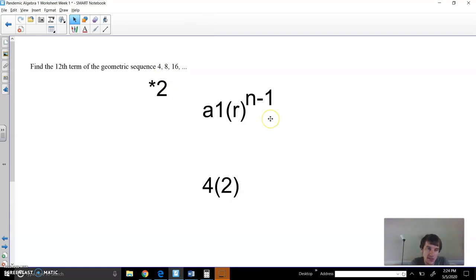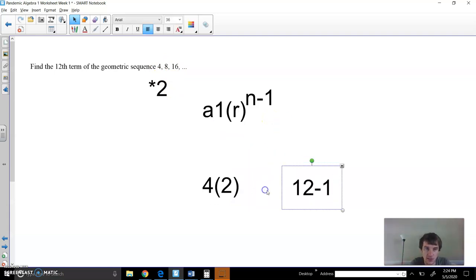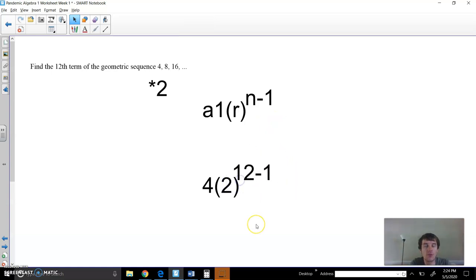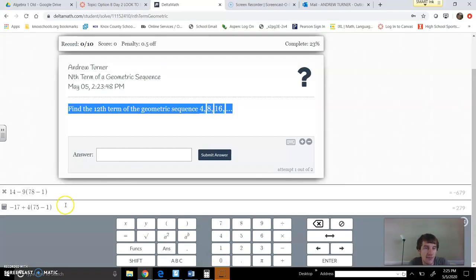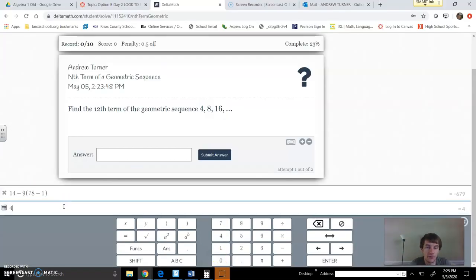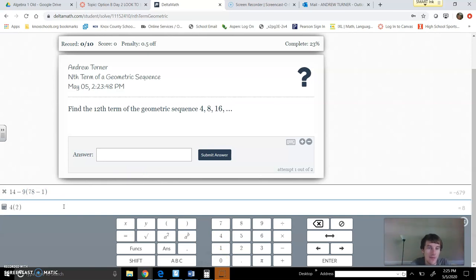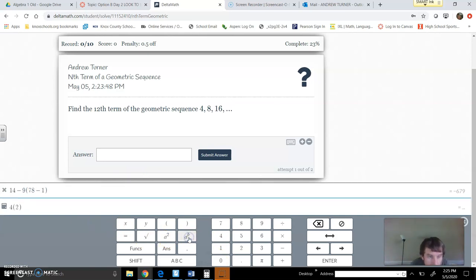And now this is an exponent, this 12 minus 1 that I want raised as an exponent, because geometric is more of an exponential concept where you have the variable's exponent being replaced with different numbers. So I'm going to type that into my calculator here, 4 times 2, and then I want to raise to the 12 minus 1.